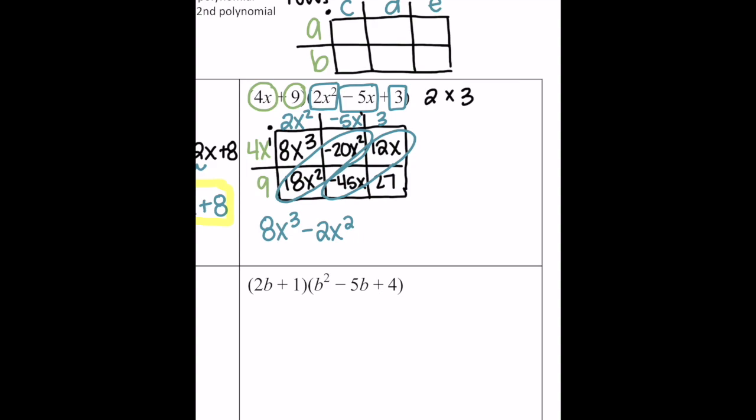Negative 45x plus 12x is going to give us negative 33x. Then we have a positive 27. So this is our simplified multiplication of those 2 polynomials.